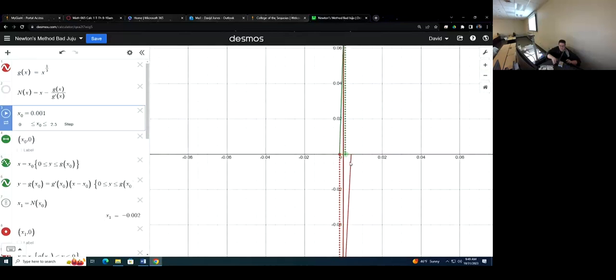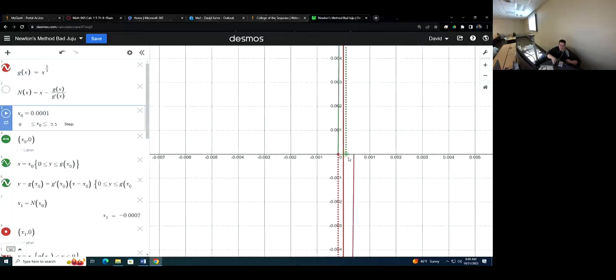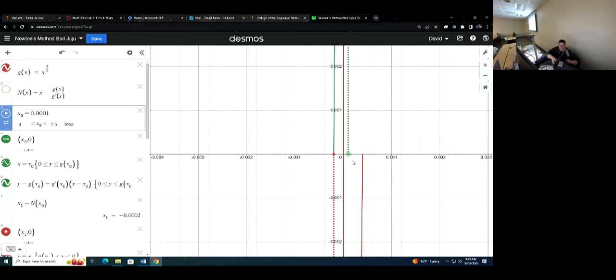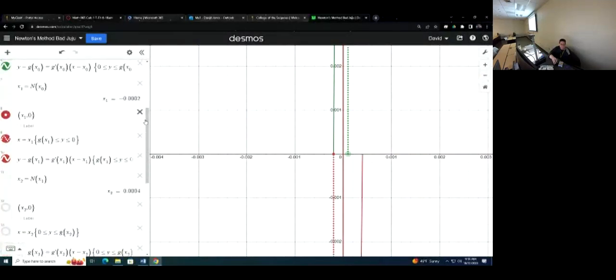Even 0.0001 takes us further away. 0.0001, 1/10,000th is still 0 away. Nothing. It's not going to work anywhere. It's not going to give you the root. You can't pick a value close enough that the next step leads you closer. So Newton's method doesn't always work, but when it works, it works pretty well.